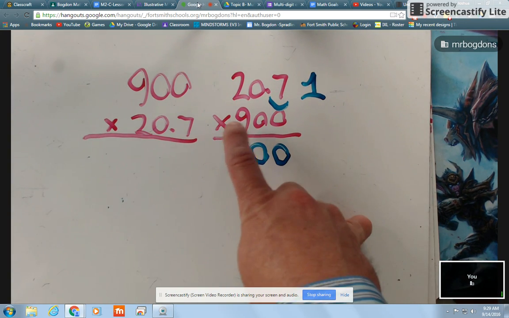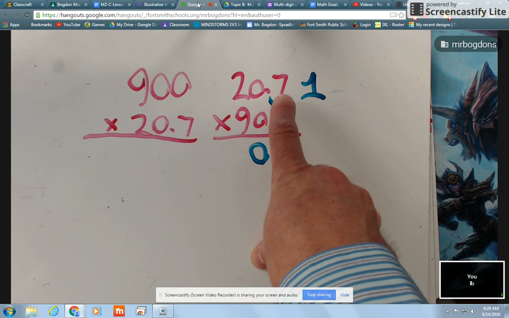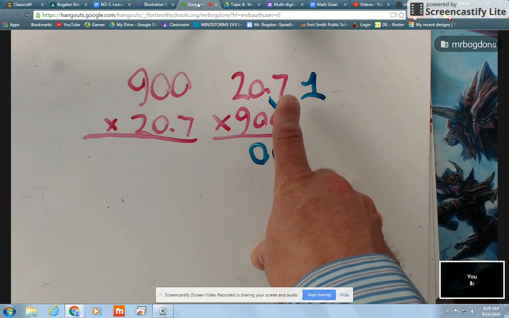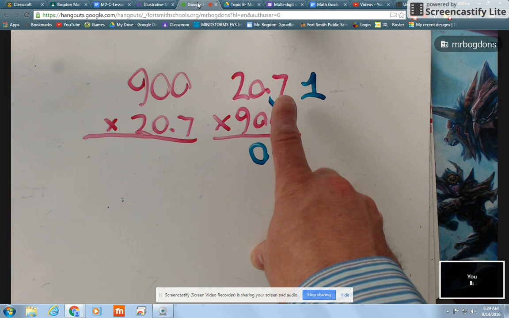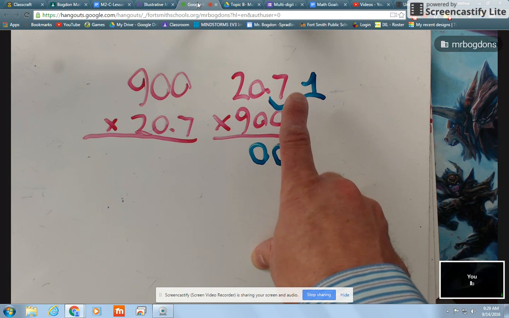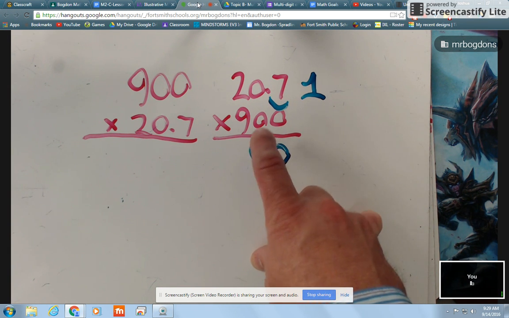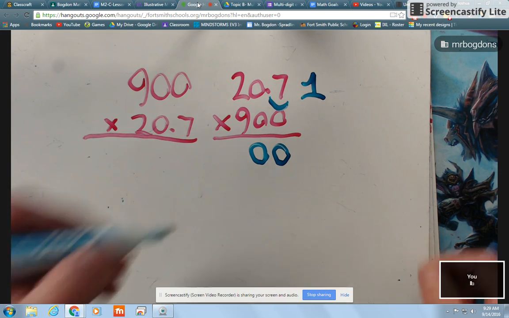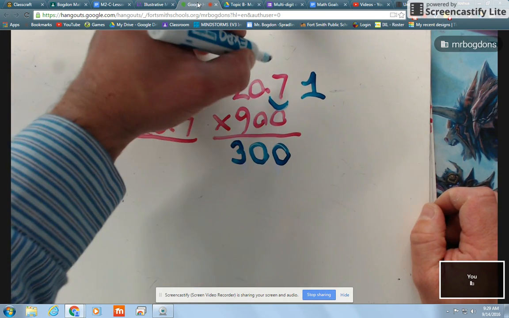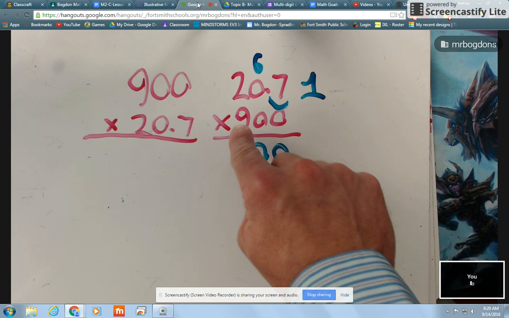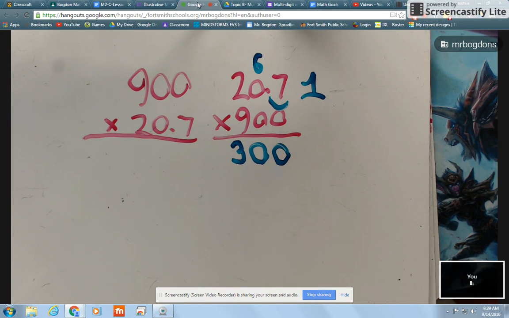Okay, so now what is the product of 9 times 7? This is one of your basic multiplication facts. 9 times 7 is? 63. The product of 9 times 0, plus 6, is 6.